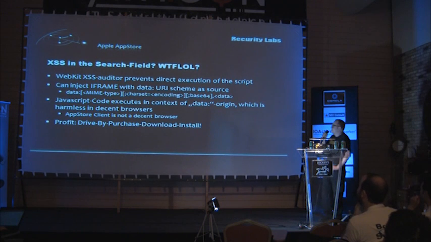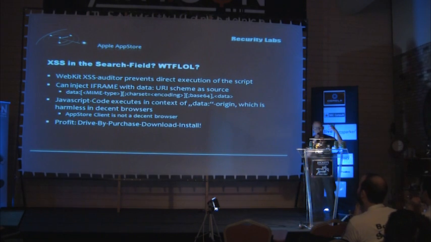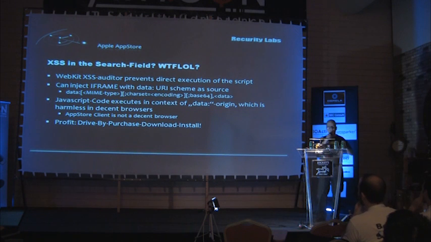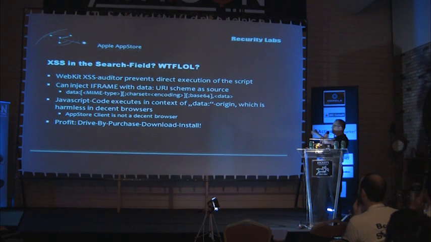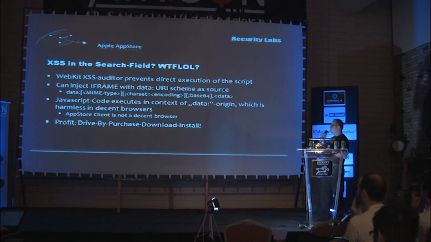So, essentially, WebKit has an XSS auditor. It's an XSS client-side prevention tool, and that should actually prevent us from hacking around. However, since this is not a real browser, it will support the data URL or data URI scheme as a source of content, which a sane browser would never do.